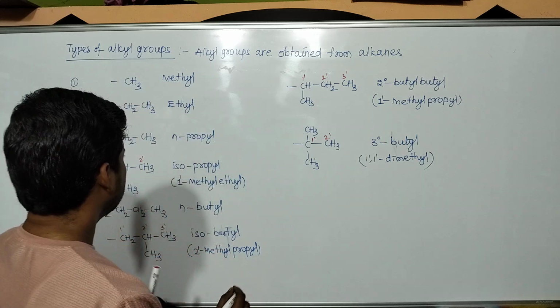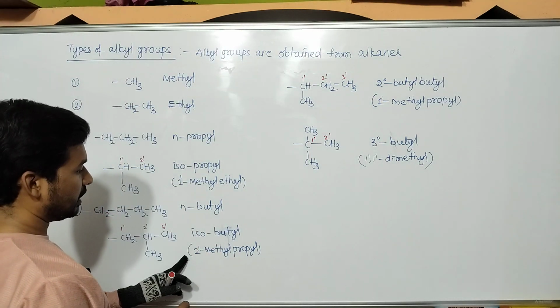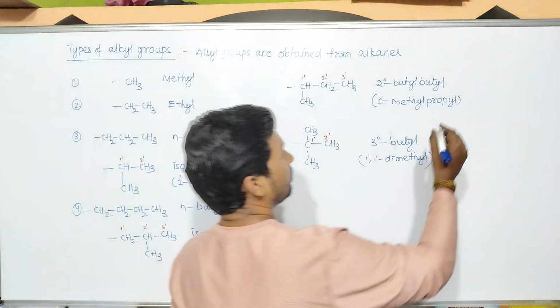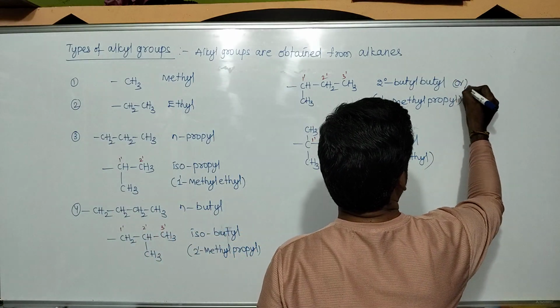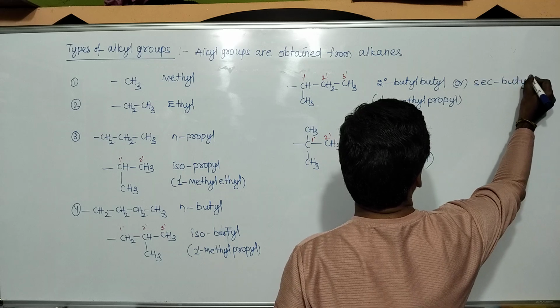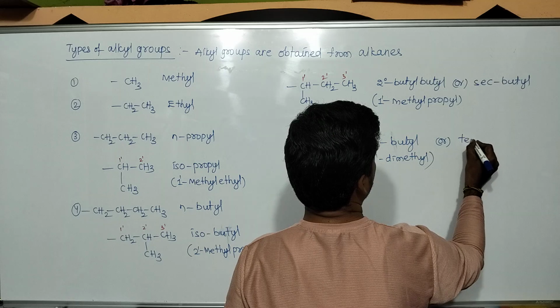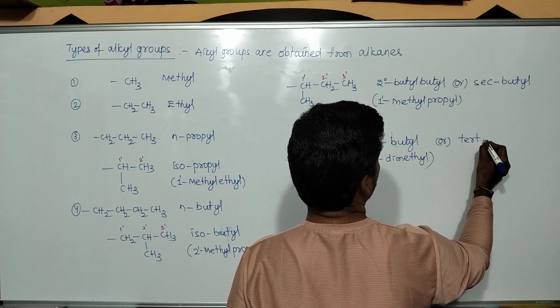So this is n-propyl, isopropyl, n-butyl, isobutyl, secondary butyl or simply sec-butyl, and in a similar way tertiary butyl or tert-butyl, T-E-R-T.